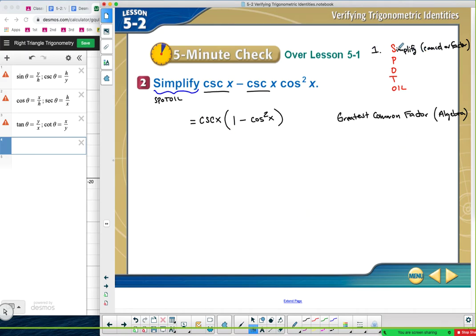So now I come over here and I say, okay, can I now cancel something or factor something? Answer is no. So the second thing I try is what we call the Pythagorean identity. Pythagorean, I'm just going to write Pythag identity. And on this one, you're looking for ones and squares. Well, I'm running out of room.